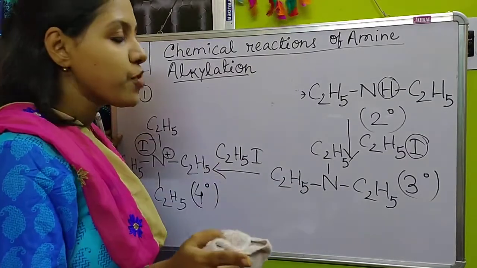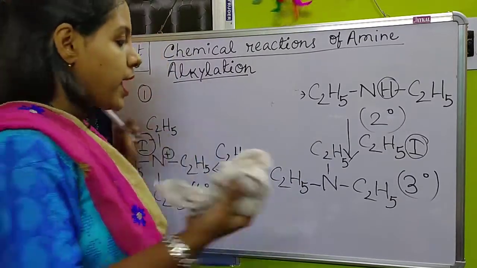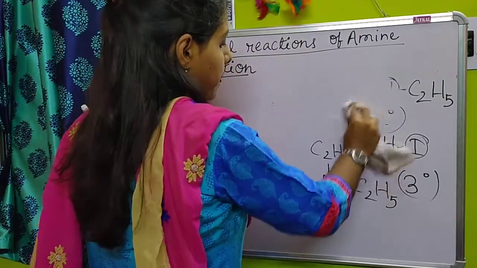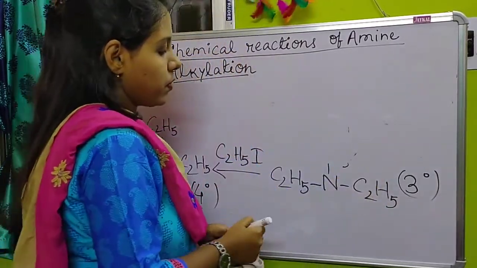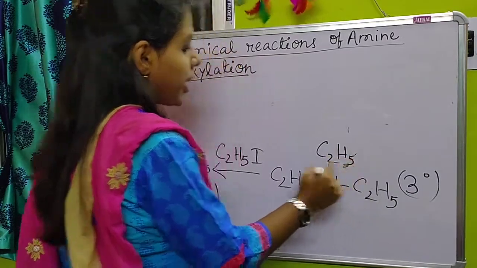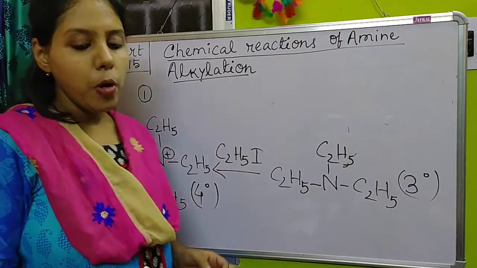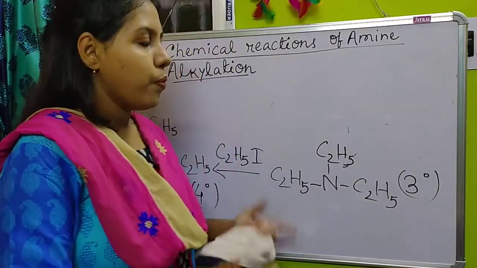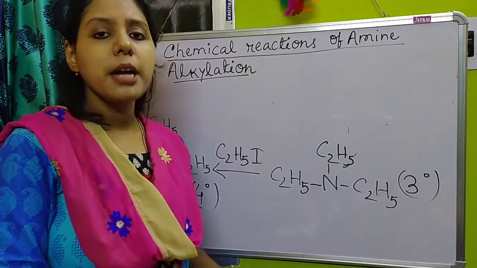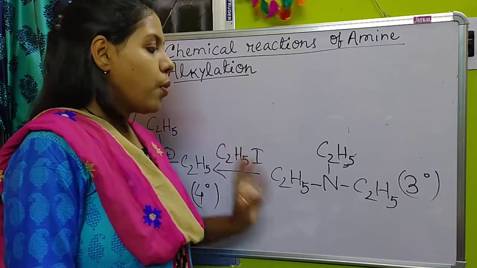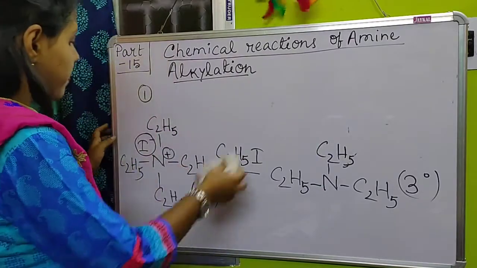If you want to start from a tertiary amine, then you start from here, so a 3 degree compound can also form this 4 degree compound. So starting from anywhere, whether it is 1 degree, 2 degree or 3 degree, we can add carbons this way, whatever number of carbons you want to add.